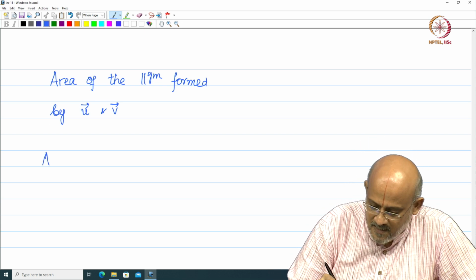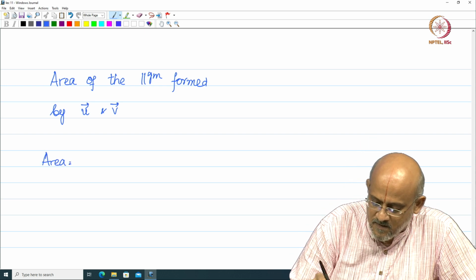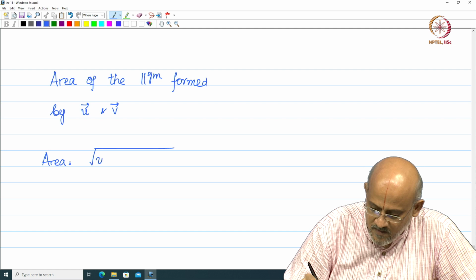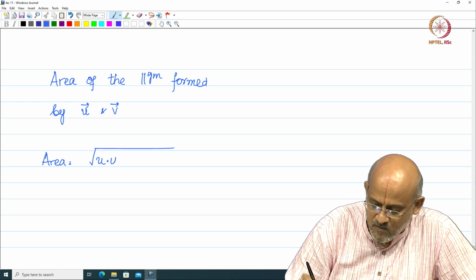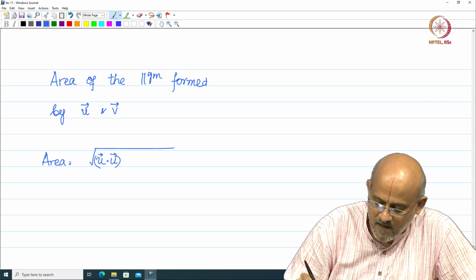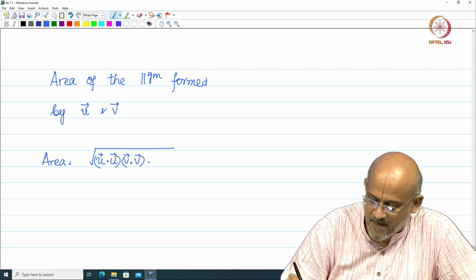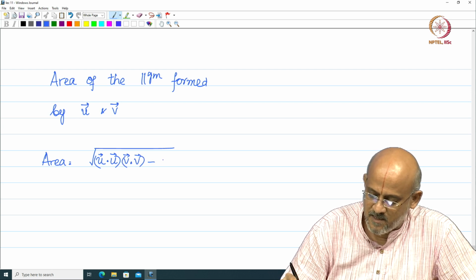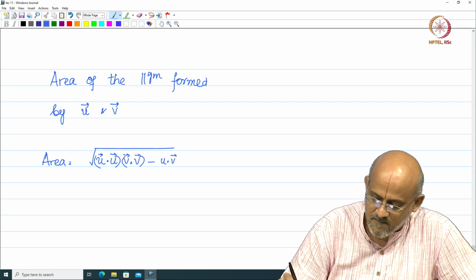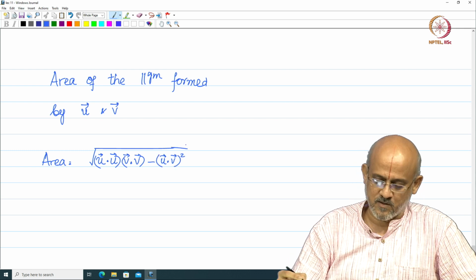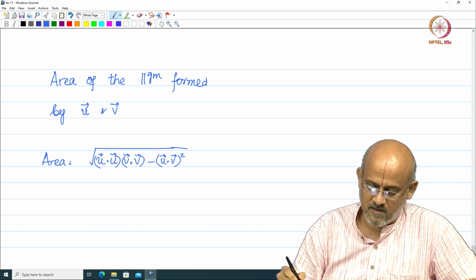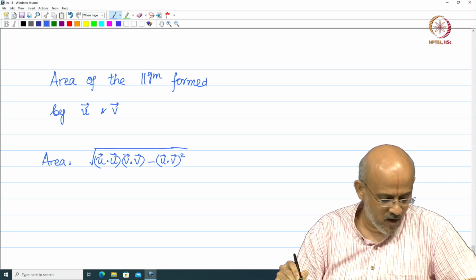We said that the area is equal to square root of u dot u into v dot v minus u dot v the whole square. This was what the area of the parallelogram was.